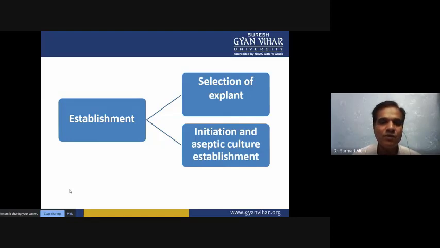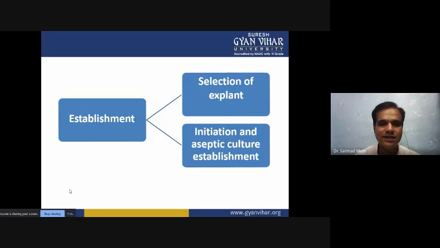If the plant is growing in nature in a healthy environment, it will be stress free. If we take the explant from a stress free plant, it will perform very well inside the laboratory condition.